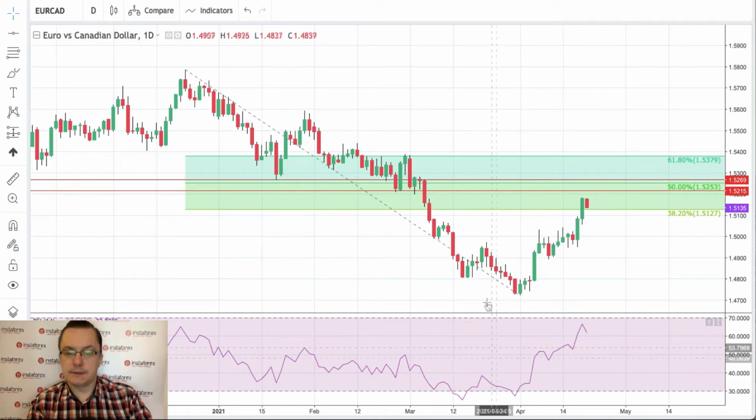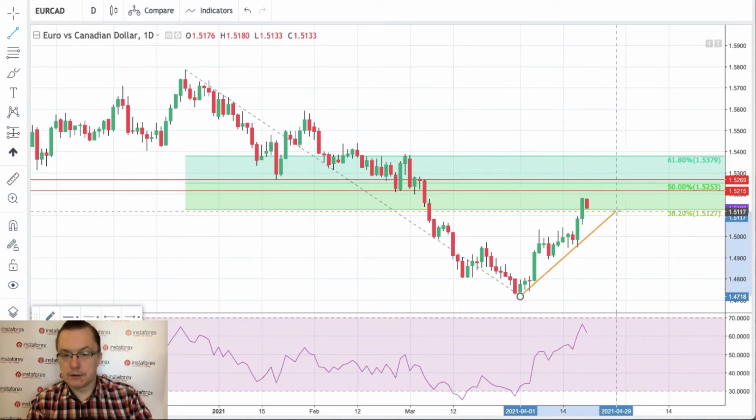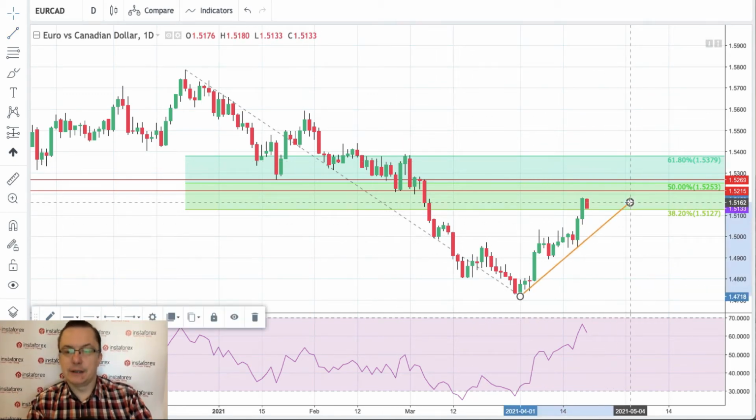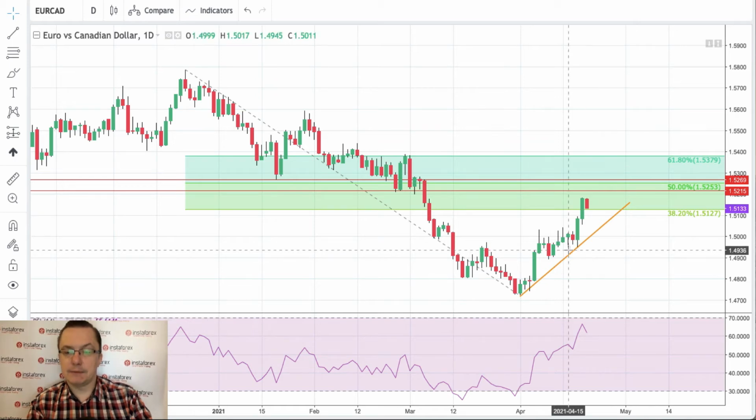So please pay attention to these levels. As we can say easily, there was a negative divergence between the momentum and the price. The market bounced from the level of 1.4736 and it's still going up. We can even put our short-term trend line here, and as you can see, the market keeps going up and up.